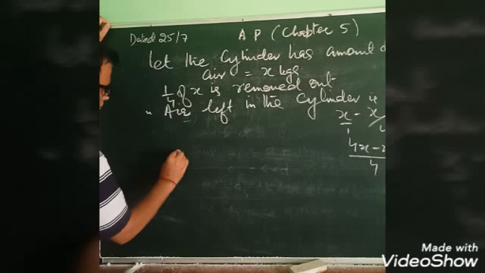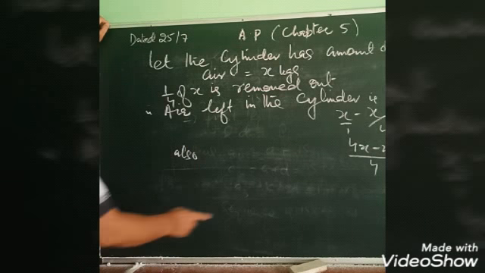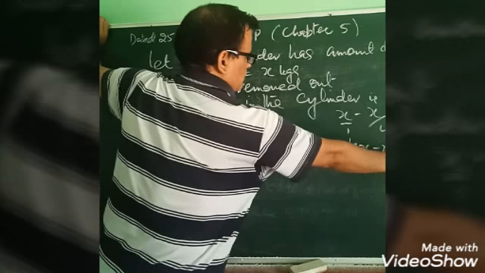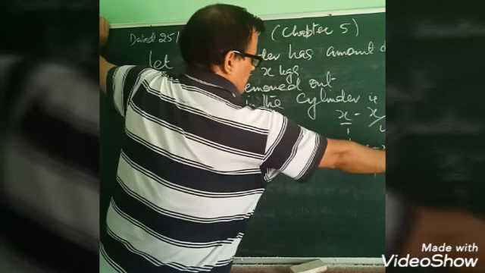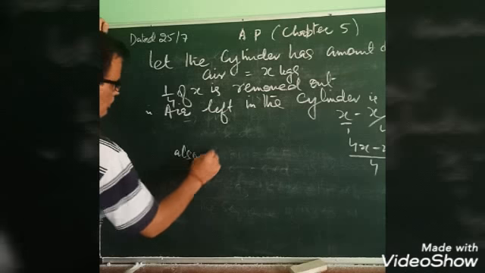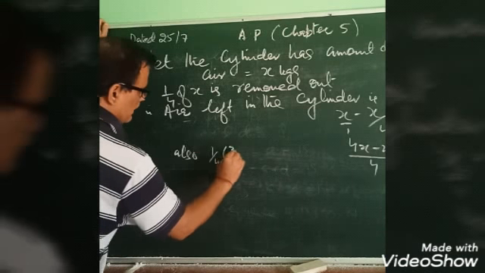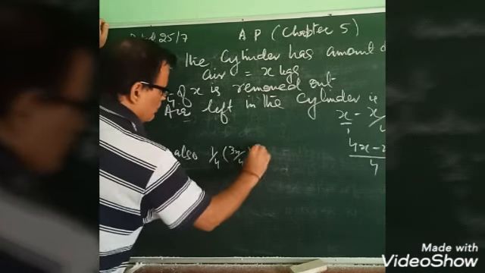Similarly, now in the second case, how much air is left in the cylinder? Also 1/4 of 3x by 4 is removed out.